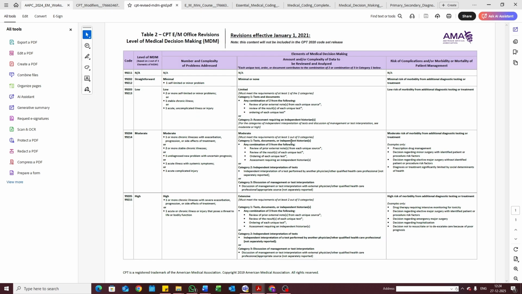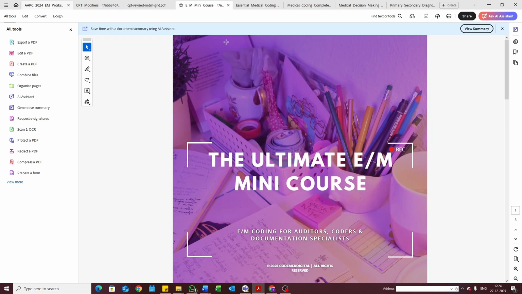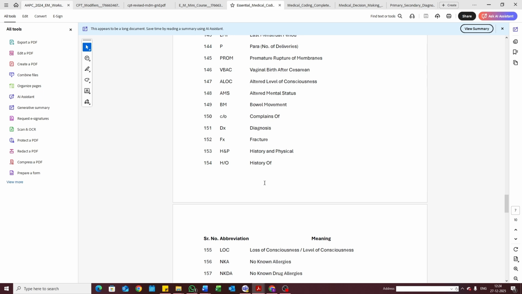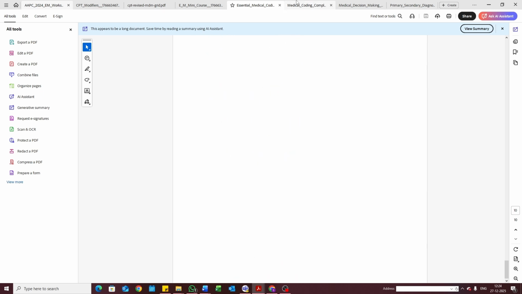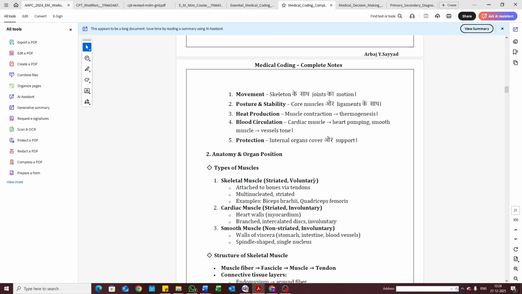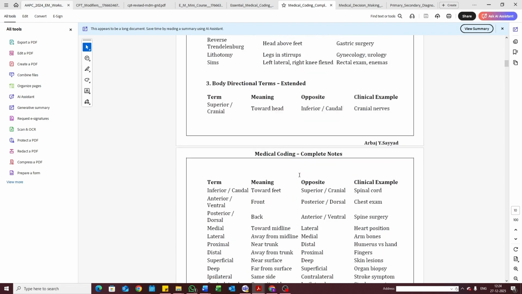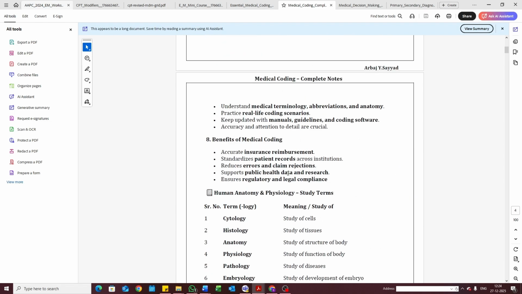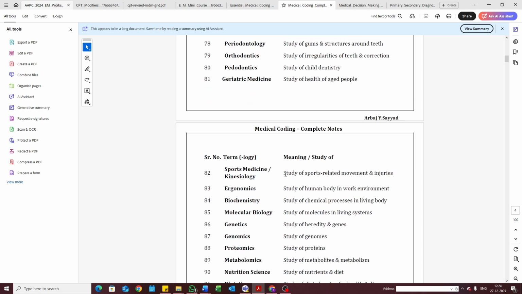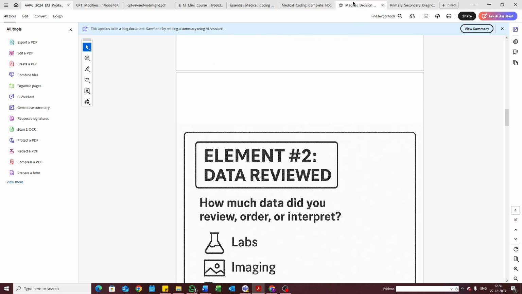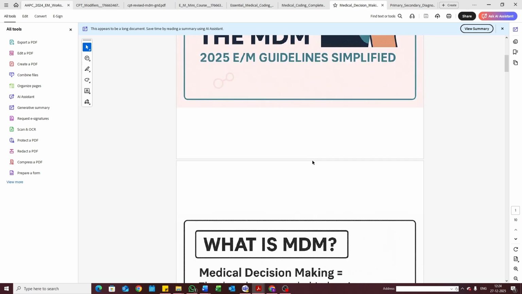This is the MDM table we are going to use to calculate the levels, because these are the abbreviations I will show you. These are medical abbreviations, some terminology, complex notes I will share with you again. And now this is the MDM: how to calculate the MDM.